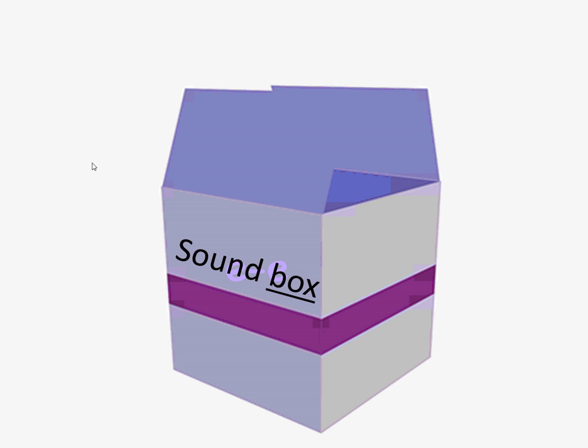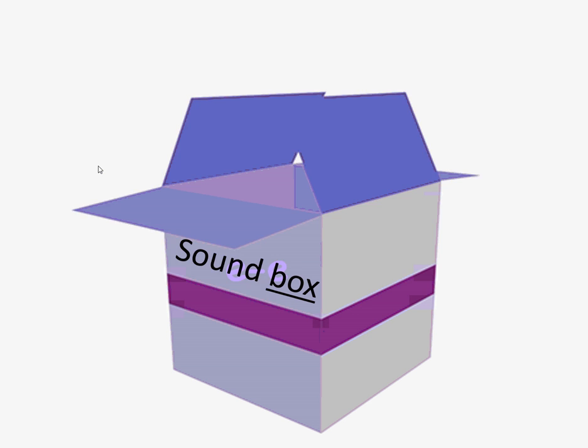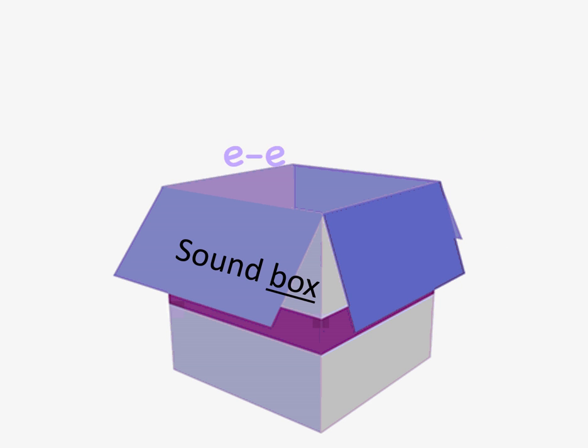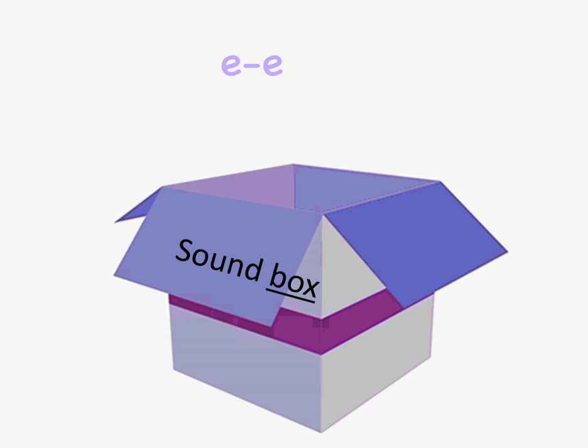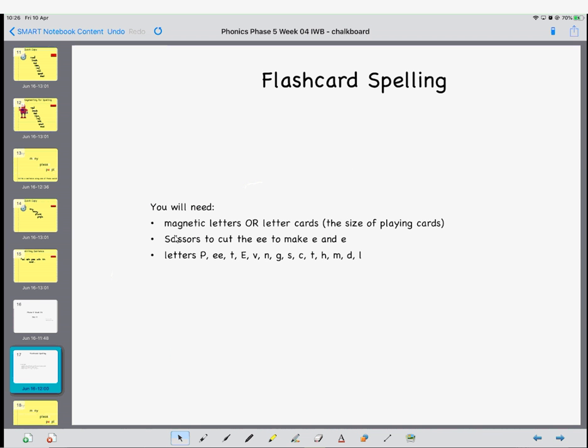So the AE sound can be spelt like this. Okay, so you're going to need either magnetic letters or letter cards, about the size of playing cards, scissors to cut the E sound to make it an E and an E, and the letters, capital P, E, T, capital E, V, G, S, K, T, H, M, D, and all.